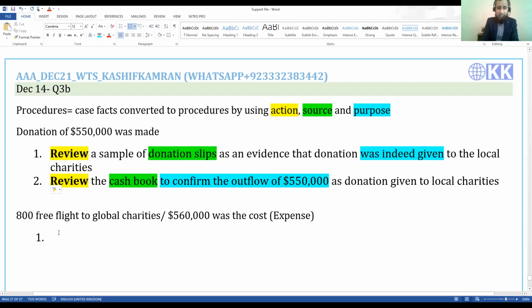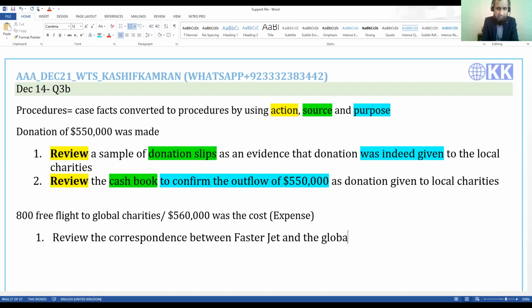Okay, 800 free flights. So we can review the correspondence between Faster Jet and the global charities to confirm that 800 free flights were given and acknowledged by the global charities.